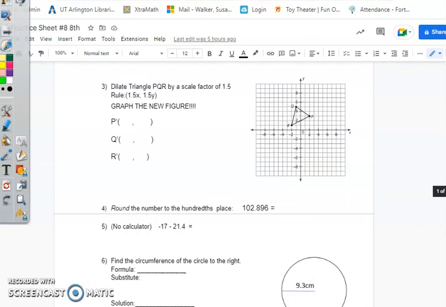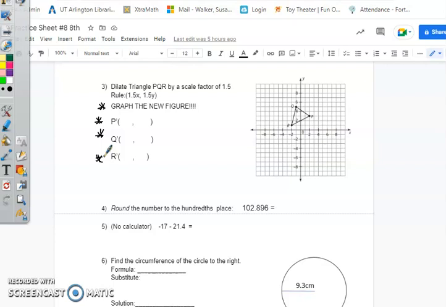Okay, number 3. Number 3 has 4 parts. You need to do this, this, this, and this. Okay? So remember we have a dilation. And when you dilate, your figure gets bigger or smaller. If you have a dilation greater than 1, it's going to get bigger.